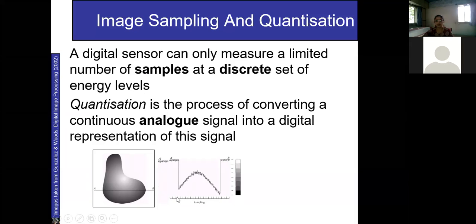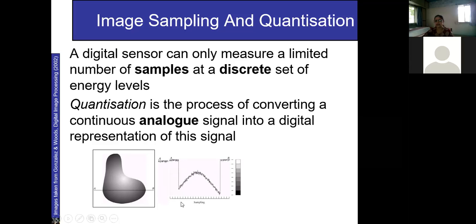So we consider, as shown here, discrete samples from this x-axis. These small dots indicate samples according to your x-axis discretization. So there are various samples.